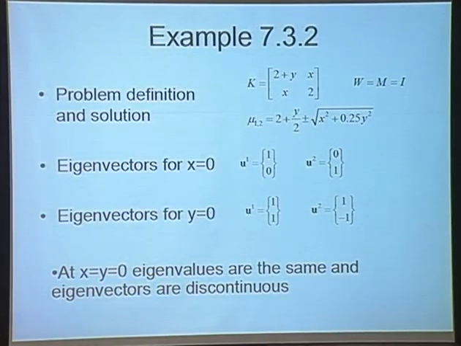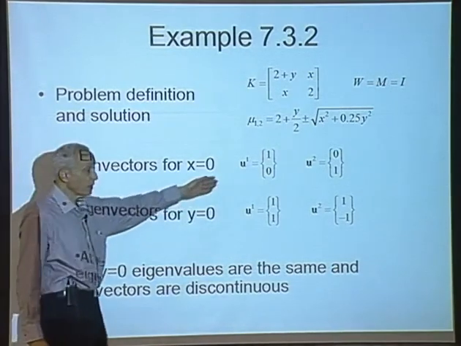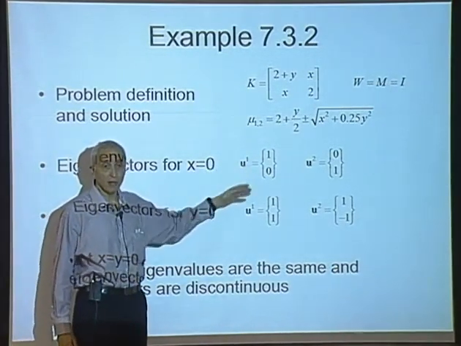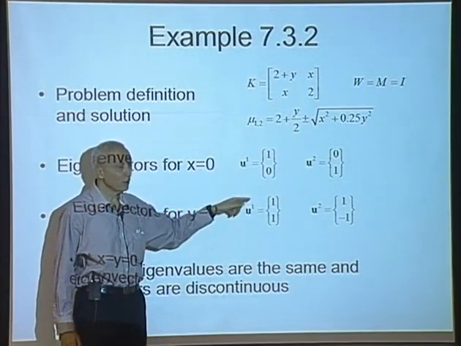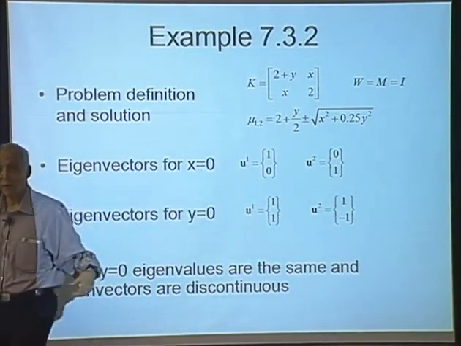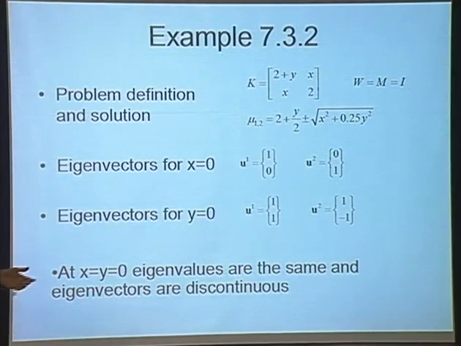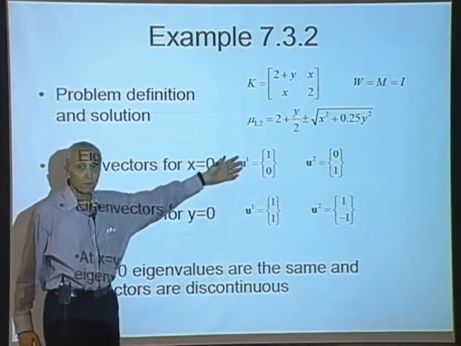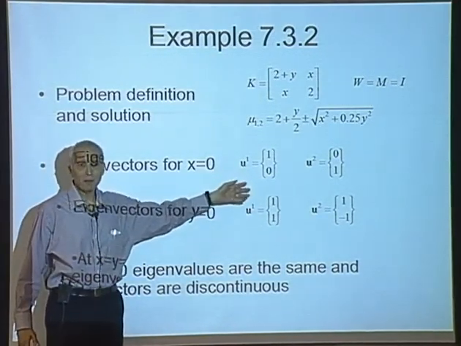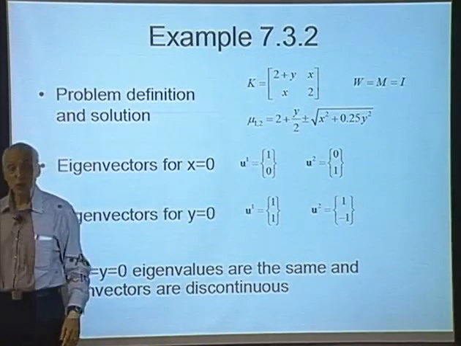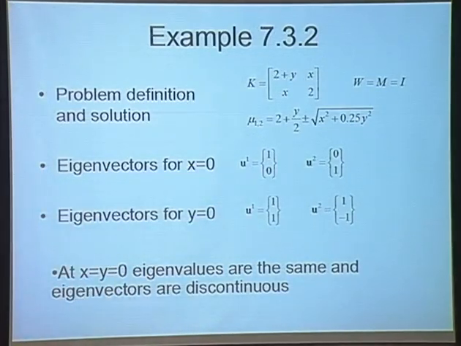So what I want to show you here is that as long as x is 0 alone or y is 0 alone, we get eigenvectors that are very well defined. And then when both x equal to 0 and y equal to 0, all of those apply.